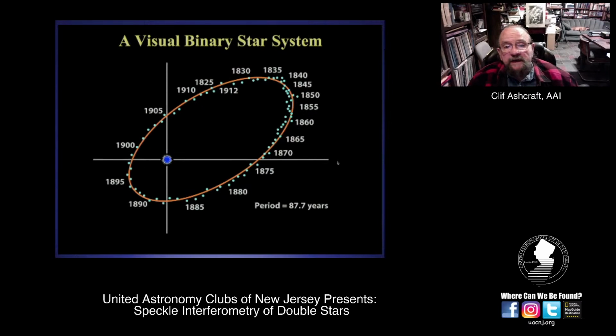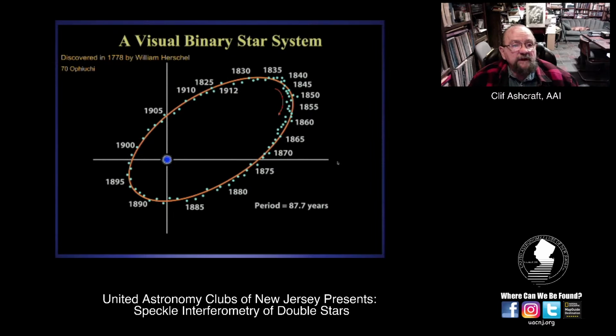Now, here's a typical binary star system that's been observed since way back in 1825. It has a period of 87.7 years, and the second component moves in the direction of the red arrow. It was discovered in 1778 by William Herschel.